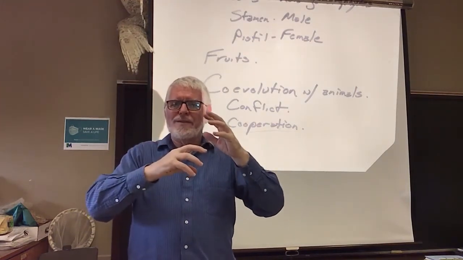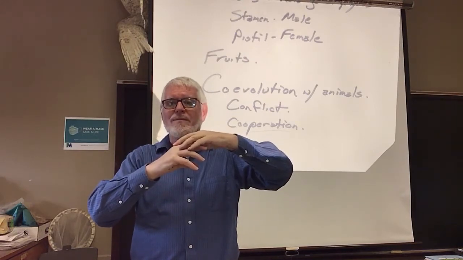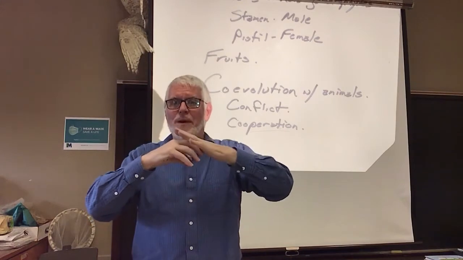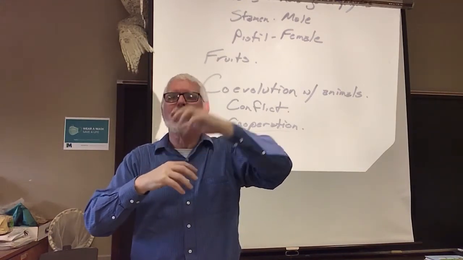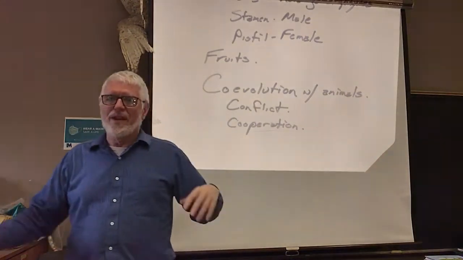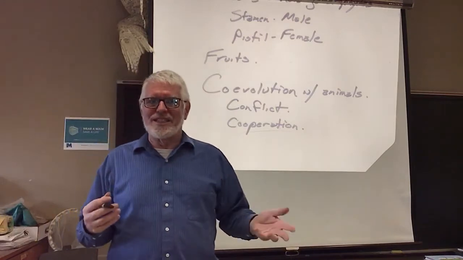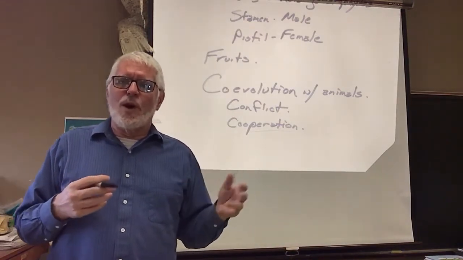The beetle grabs the flower, and the male and female parts come down and touch the back of the beetle. If the beetle's already done this on a flower, there's pollen there. The female part picks the pollen up. If not, there's pollen deposited there to be carried to the next flower. In this case, the beetle just thinks it's getting something from this exchange, but it's still a type of coevolution.